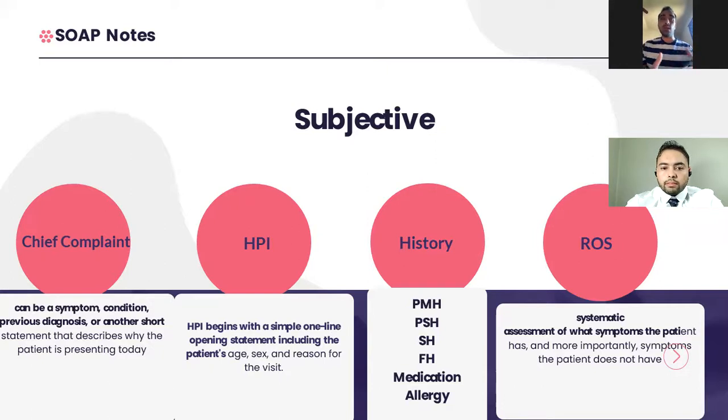But maybe later on in real life, because you're writing more than 10 notes a day, there are some things, I'm not sure how many of you have already done rotations and been exposed to the EMRs here, that you just do, called an auto text, that auto populates specific templates for physical exam, for labs, for vitals, and you just populate it into your chart.